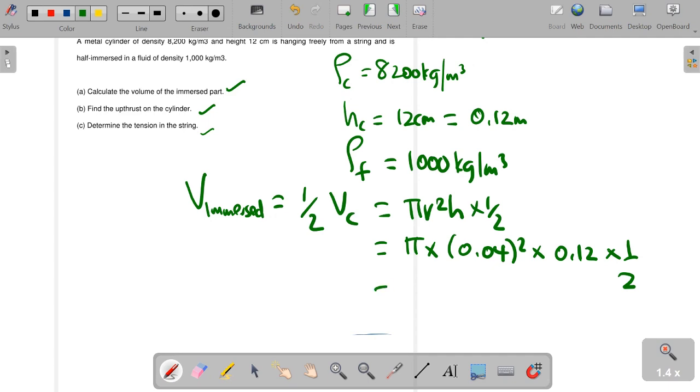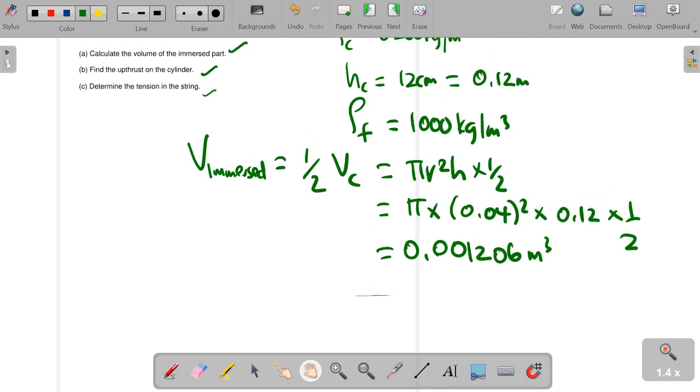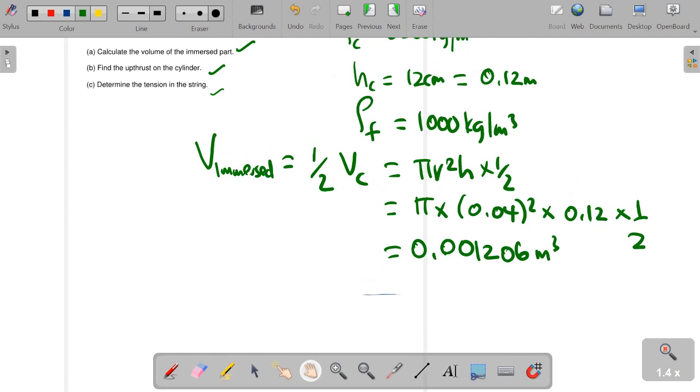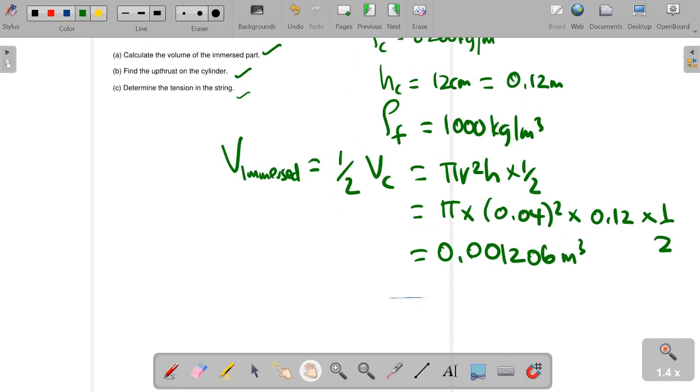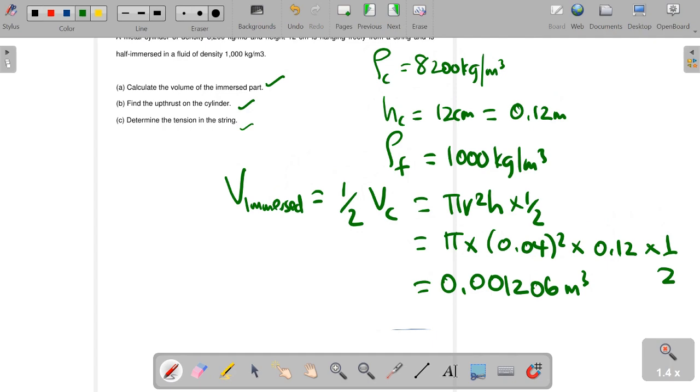That gives us 0.001206. This one is our volume in cubic meters. Now, once we have found the volume that is immersed, that means it's half the total volume of the cylinder.